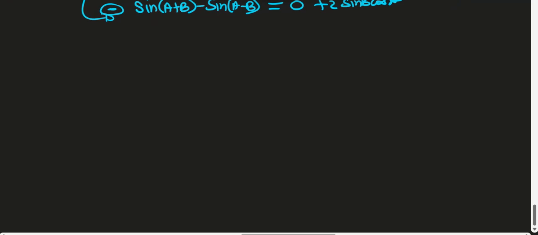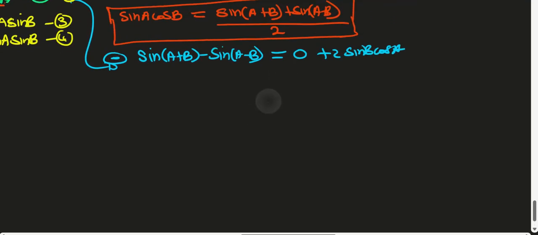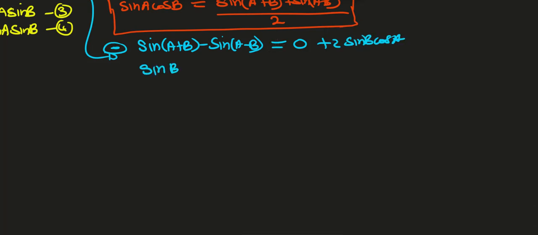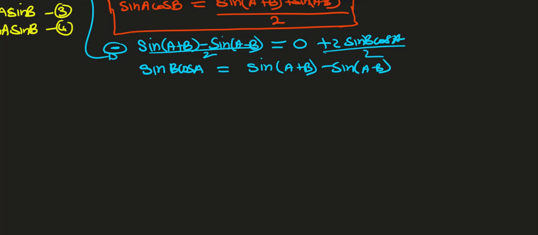From here we can make sine B cos A the subject of the formula, and you know how to do that. We just divide everywhere by 2. Then this becomes sine A plus B minus sine A minus B all over 2.